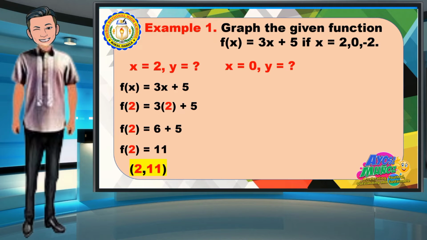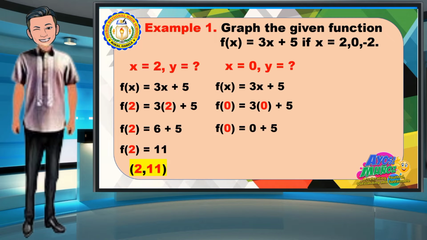What is the value of y if x equals 0? With the same procedures or steps, we're going to substitute first the value of x from 0. We have now f of 0 equals 3 times 0 plus 5.